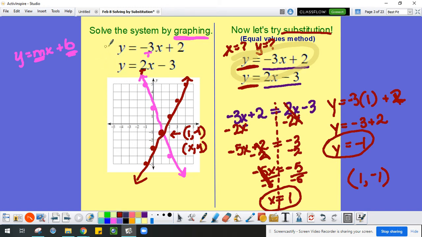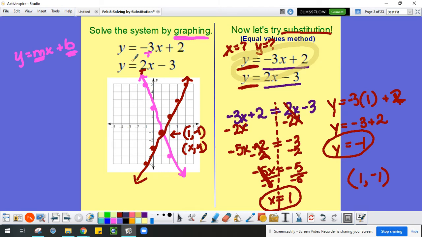Crossing the lines, if you have them written both as y equals and y equals, absolutely it makes sense to do what we did last week, to go to your Desmos calculator and type them in and just see where they cross. But you're going to find out in the next couple of days, they're not always written as y equals and y equals.